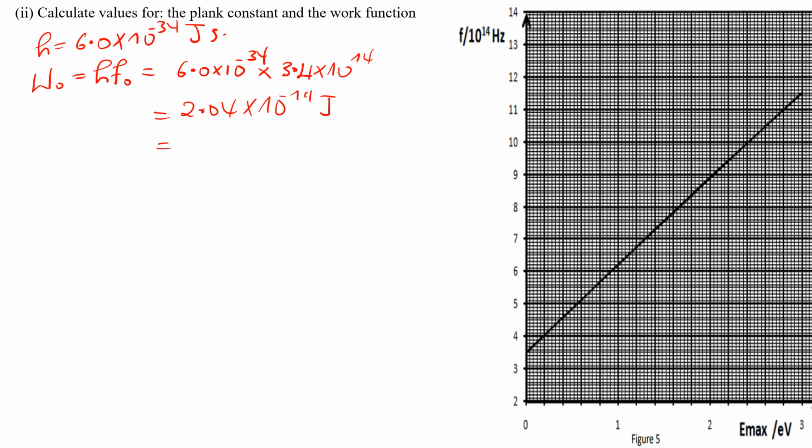So if I take that by 1.6, it gives me 1.275 electron volts. So that's the work function of the metal.